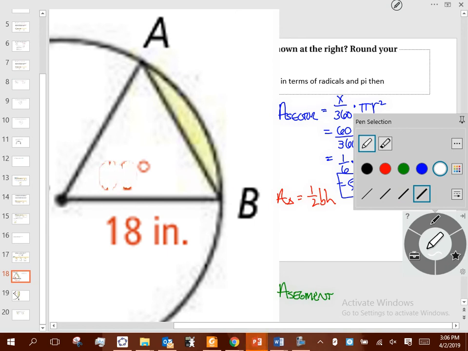All right, so when I draw in, I'm always going to draw in that altitude. Okay? So that's H, right? Now when I draw that in, what did it do to the 60 down here? Cut it in half. So I get 30 degrees right there, 60 degrees right there, right?